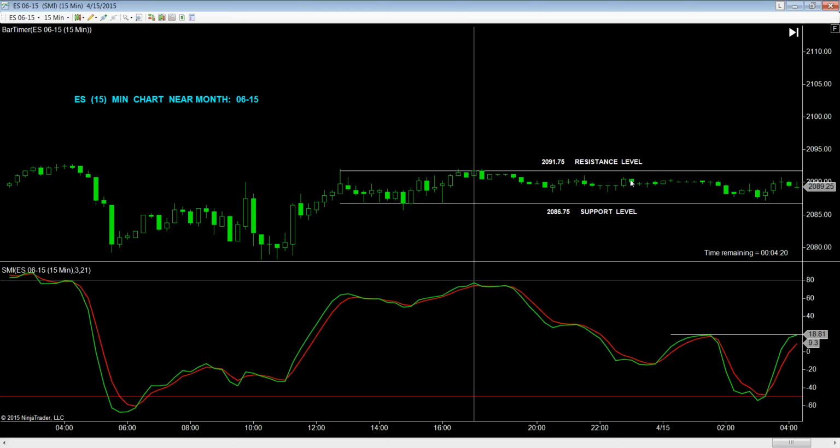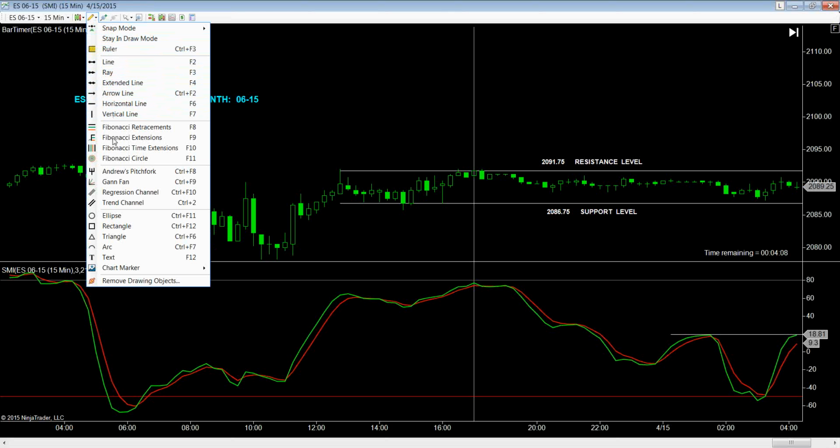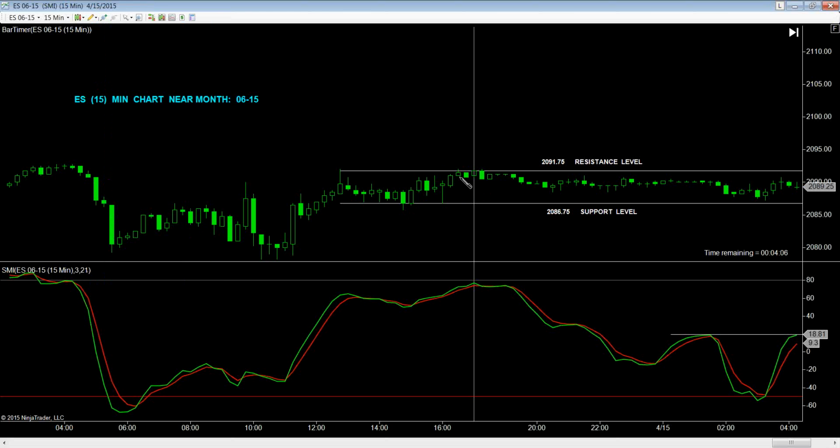So when we look at the possibilities of getting in, we want to get in at a level that is not too close to the dominant upside resistance level. That is the dominant upside, most recently established resistance level, which is really here by this close and this open right here, right at the session break.